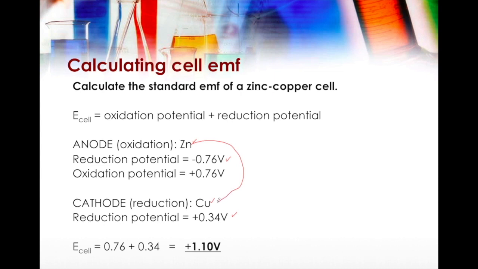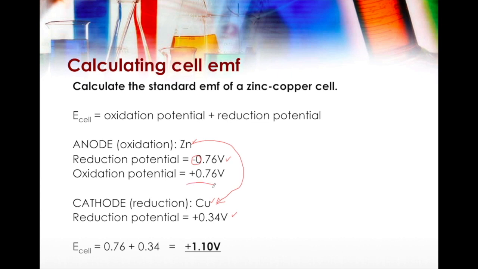It will lose electron to copper. Since you're looking at a reduction potential table, but what's happening in your cell is zinc is undergoing oxidation, we need to change the value to positive. Whereas copper's value will remain the same because it is undergoing reduction, and the value from the reduction potential table is 0.34.